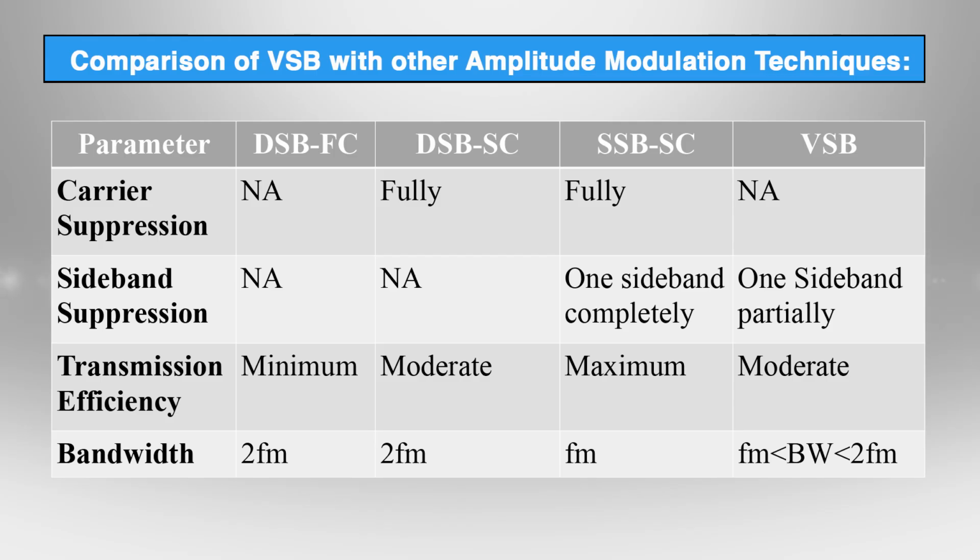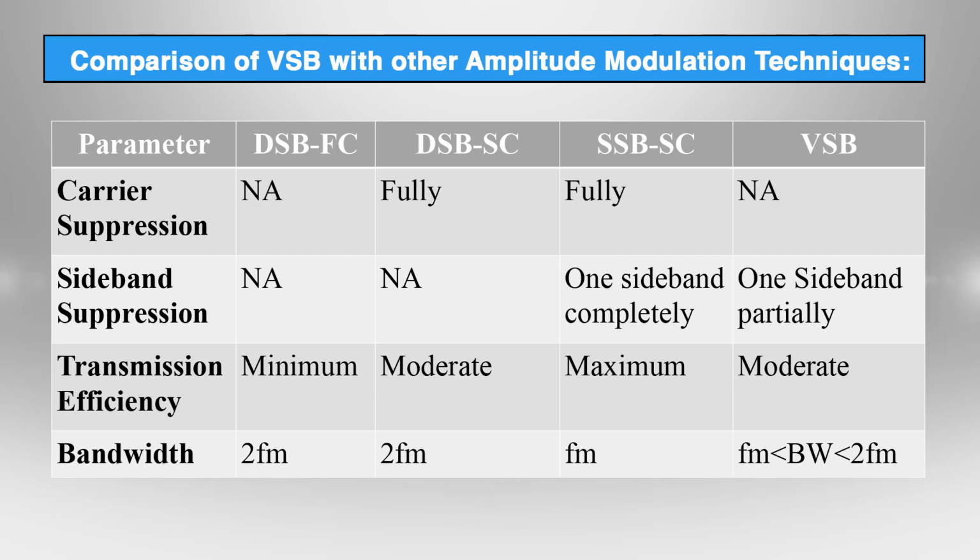The transmission efficiency is minimum in double sideband full carrier, moderate in double sideband suppressed carrier and vestigial sideband, and maximum in the case of single sideband modulation.